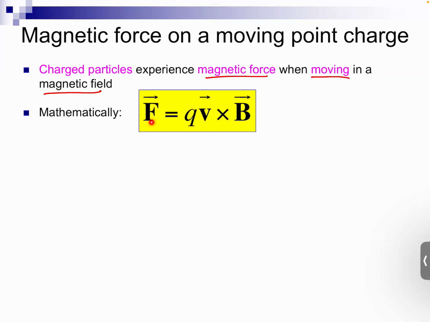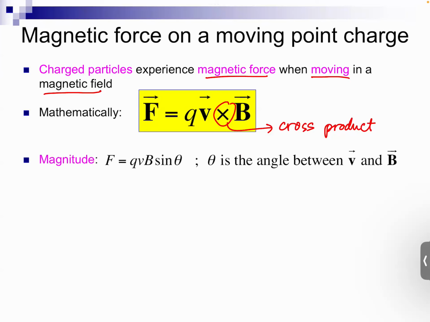The force is a vector, velocity and magnetic field are vectors, and this is the cross product between the vectors velocity v and magnetic field B. So what that tells us is if you're getting the cross product of two vectors, then the result will also be a vector, which in fact is force, which we know is a vector.